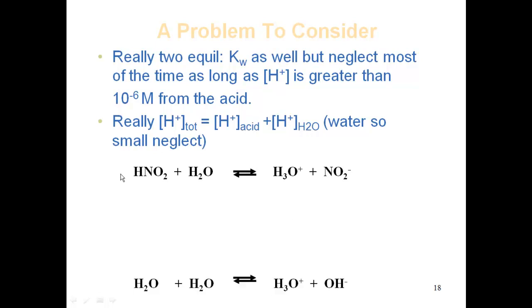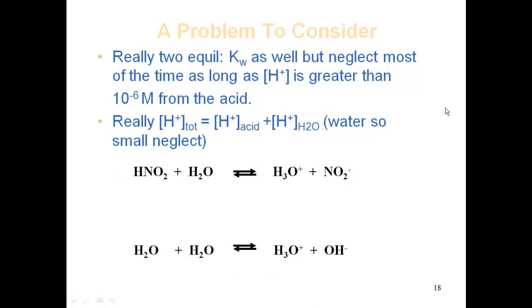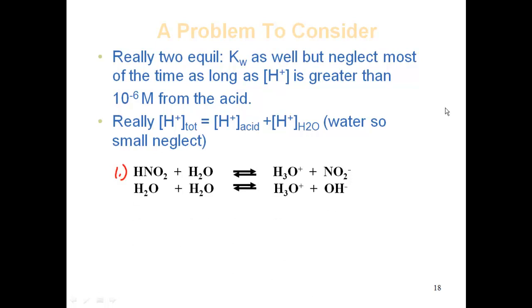You have one equilibrium, which is your weak acid equilibrium, forming hydronium ion and nitrite ions. But you also have your water equilibrium, which is contributing hydronium ions as well.